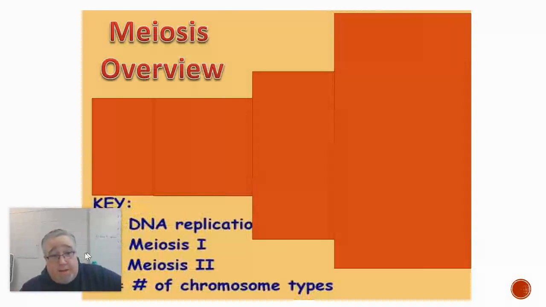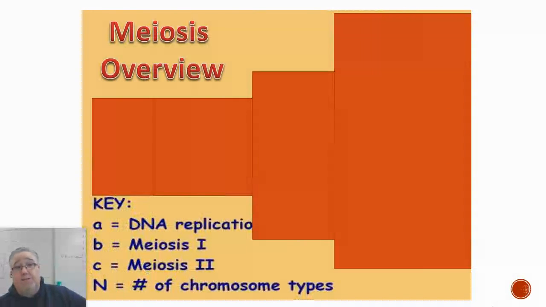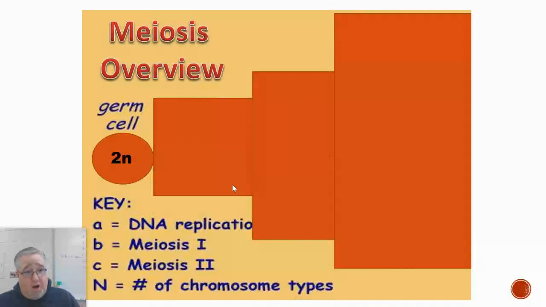All right, so let's talk a little bit about the process of meiosis. This is just a general overview. Towards the end of the video today, I'll talk about some of the differences between males and females. But overall, generally, I don't care if it's males or females, we're always going to start with a diploid cell.